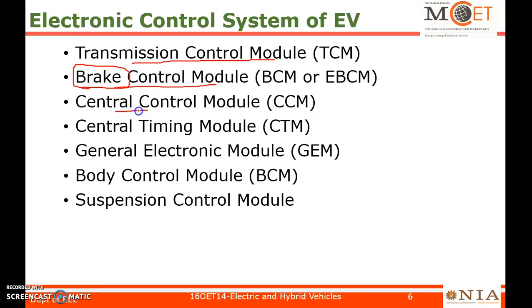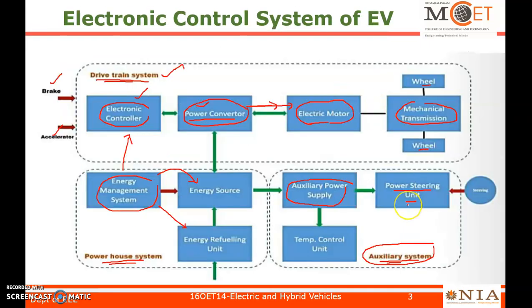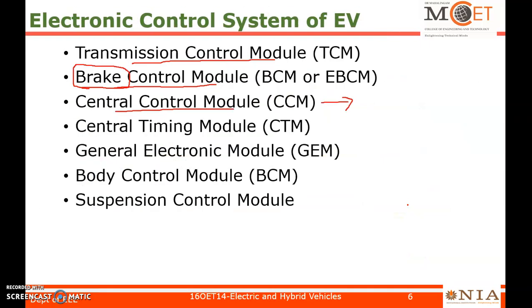Next is the central control module. This is the main module, which controls the drivetrain system, powerhouse system and auxiliary subsystem, all the systems at the same time with effectiveness, so that the electric vehicle can be operated very effectively.